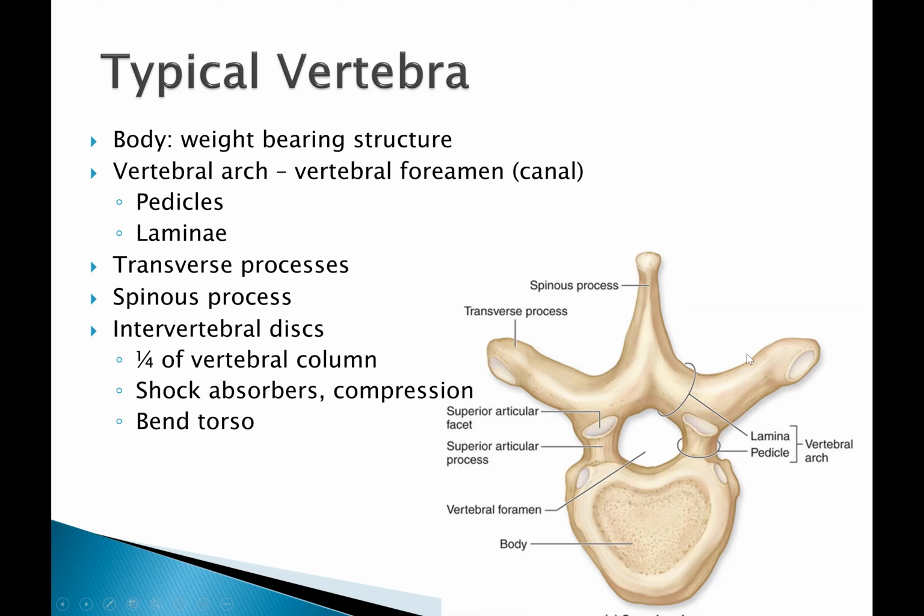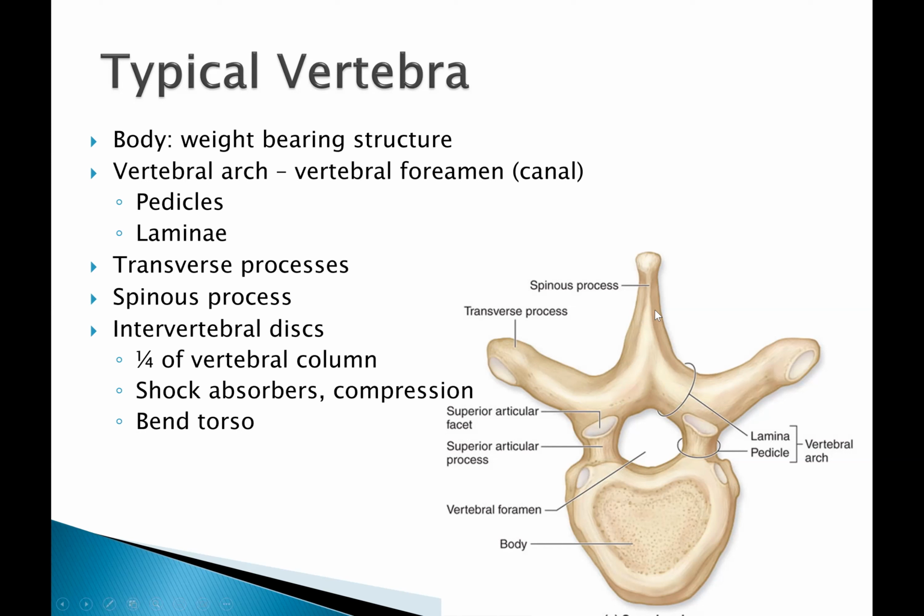Sometimes you have things that stick out, like ears sticking out right here. Anything that sticks out is sometimes called a process. Since these stick out to the sides, they're known as the transverse processes, the ears that stick out on either side. And on the back, you have another thing that sticks out.